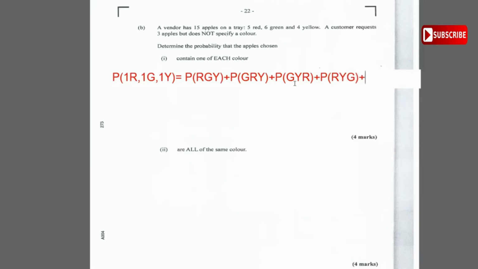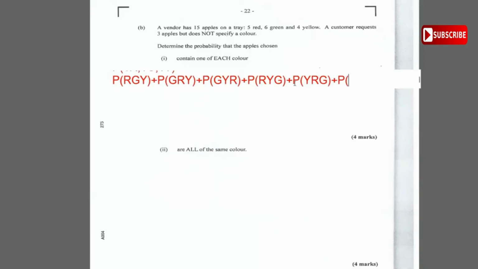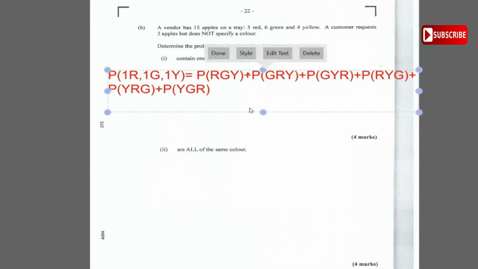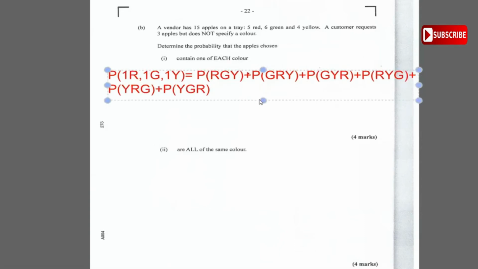Or let's start with yellow now. You can get the yellow first, then the red, then the green. Plus, you can get the yellow first, then the green, then the red. This is how you find the probability of getting 1 red, 1 green, 1 yellow. This gives us all the possibilities.